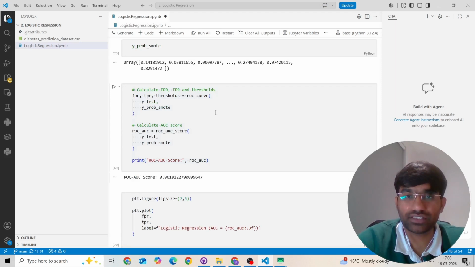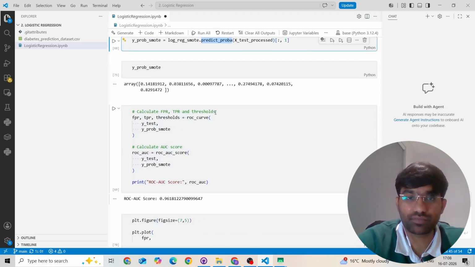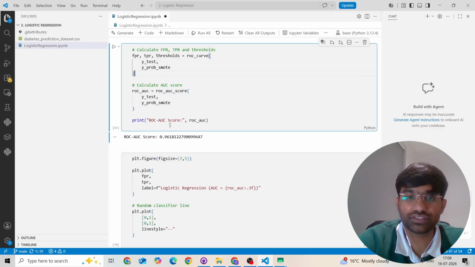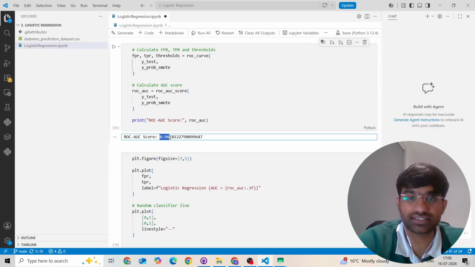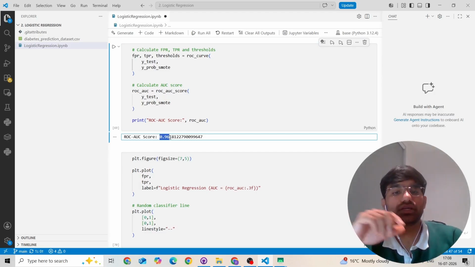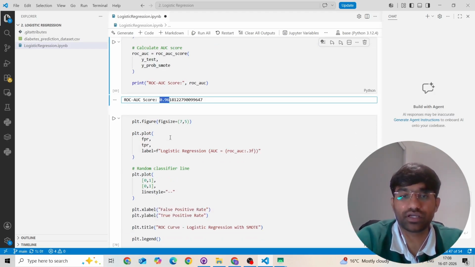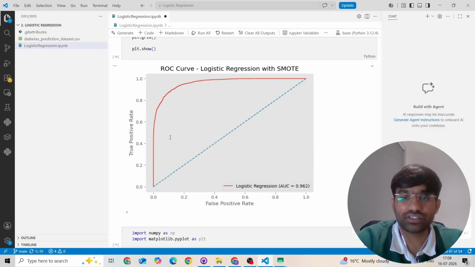Using those probabilities and a threshold, I plotted the ROC-AUC score. It is 0.96. That means it is near to 1, 96%. It is a good accuracy. The model is performing well, and if you plot the ROC curve, it will look like this.